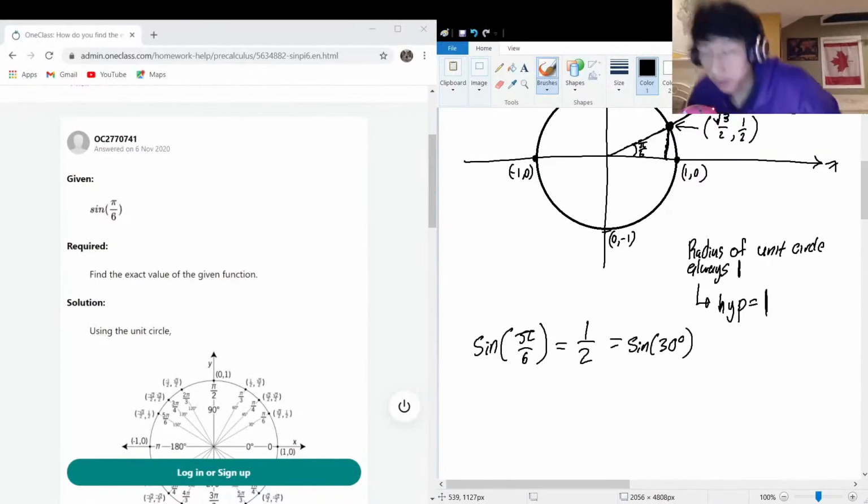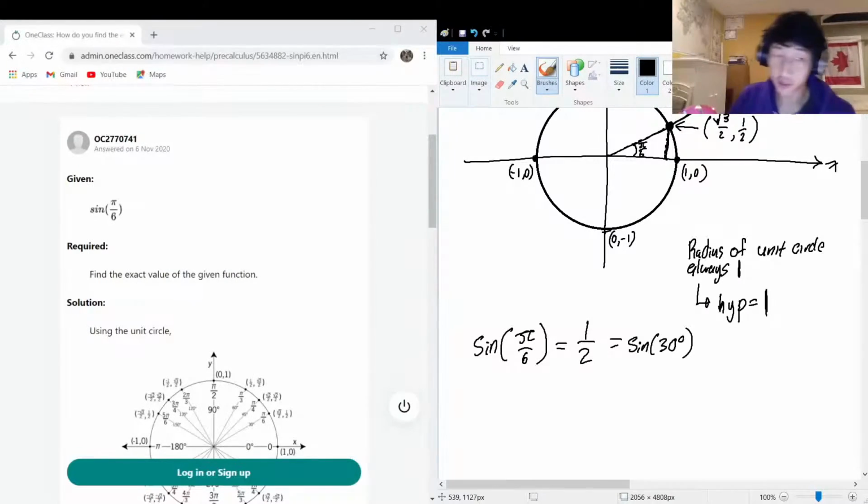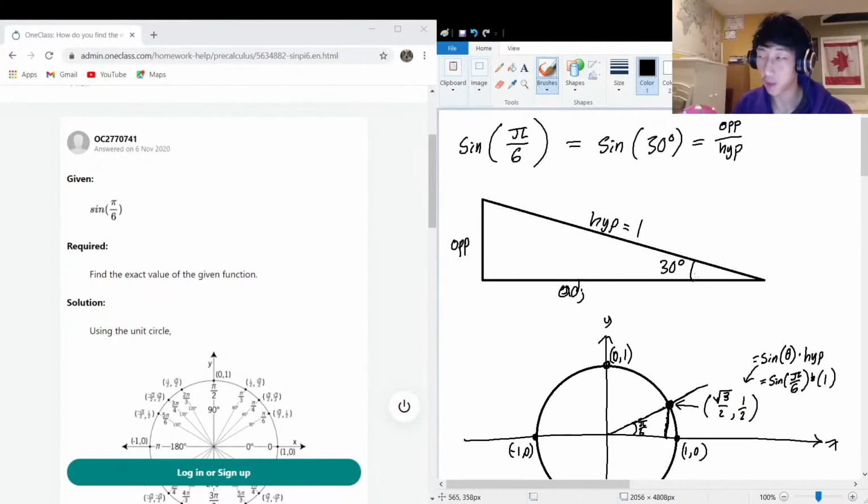Yeah. So this is an easy thing that you can really just ask your calculator, and the exact value comes from the unit circle, and just know that it's always going to be 1/2, and you can try with Pythagoras' theorem, it will all agree with itself.